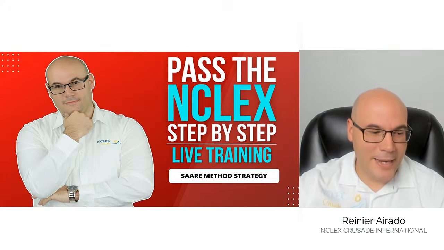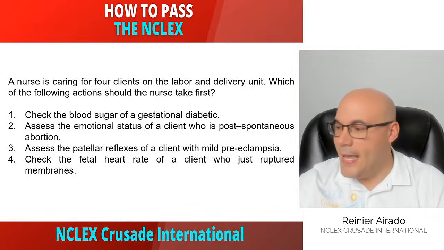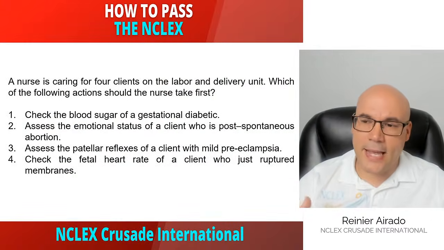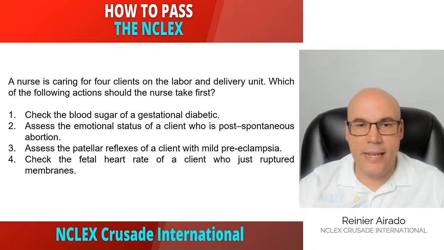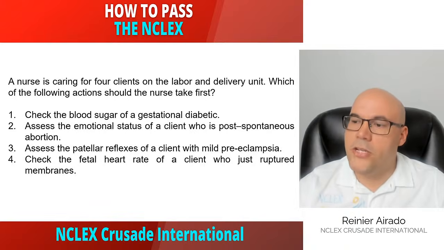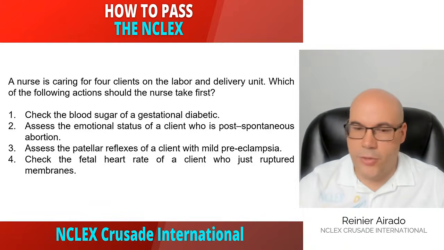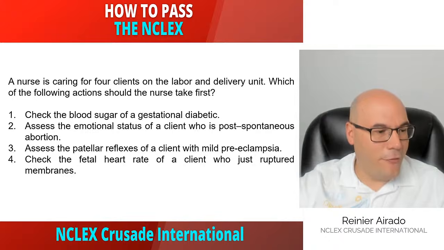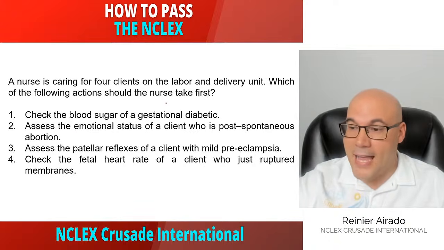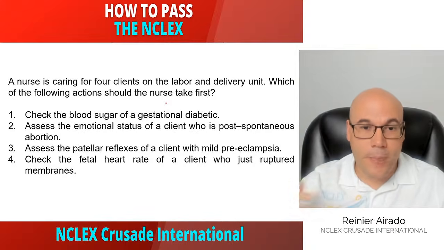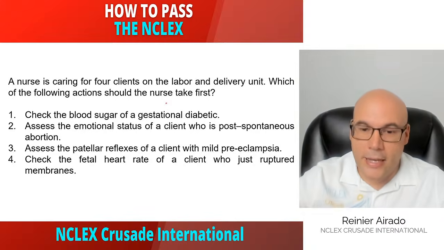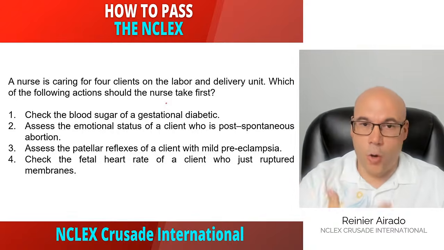Let's begin. So our first scenario is this one. It says, a nurse is caring for 4 clients on the labor and delivery unit. Which of the following actions should the nurse take first? Well, as I described to you, we have 4 different patients with 4 different diagnoses or problems.